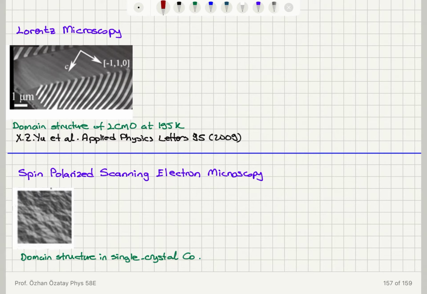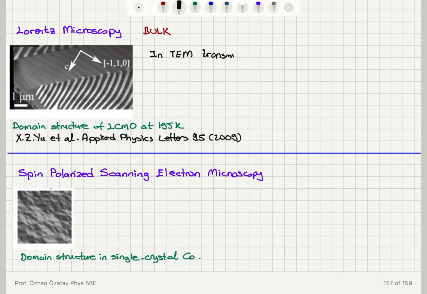Now, a very sensitive method with ultra high resolution is Lorentz microscopy. This is basically measuring the bulk of the film because we have electrons transmitted through the thin film giving us this effect. So this is in a transmission electron microscope.